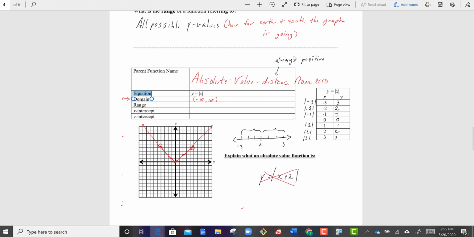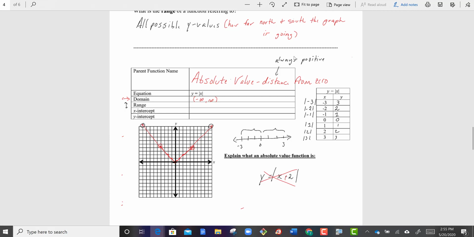The range is how far north and south the graph goes. And again, there's exceptions to that rule, but not if it's a continuous function, and that's all we're seeing for right now. So the range is going up forever on both ends, but it's not going down forever. It stops right here.